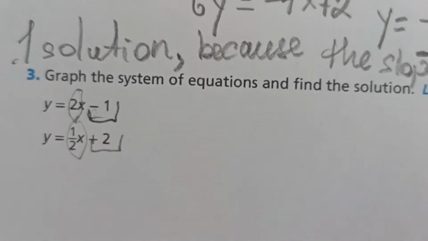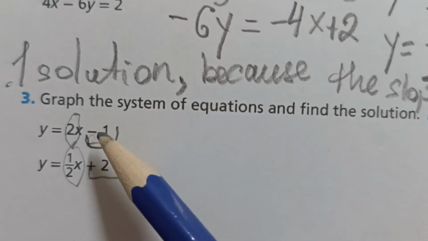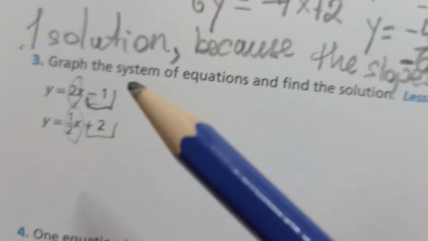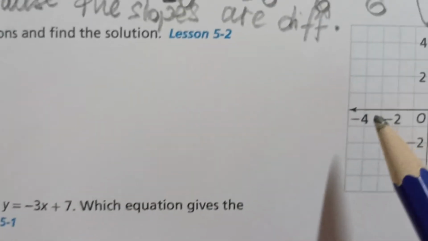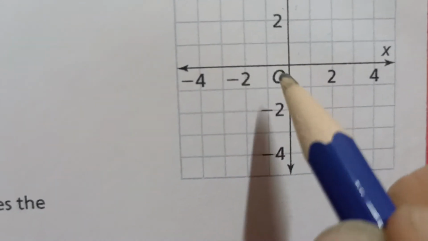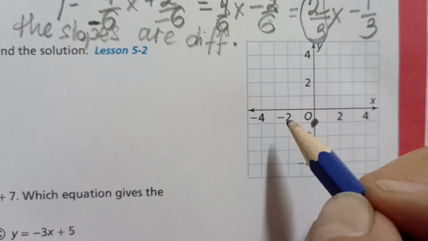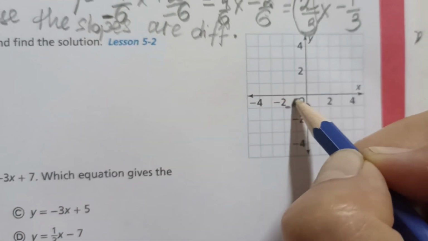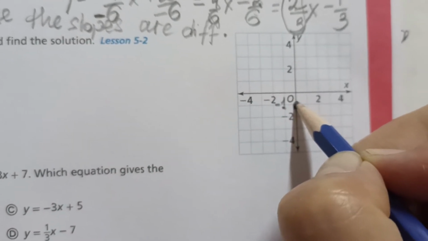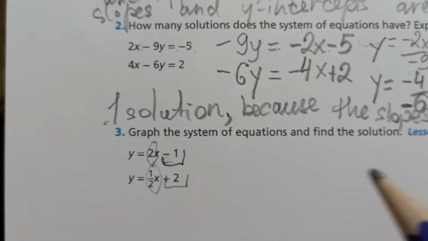So let us graph the first one. Minus 1. We start at intercept minus 1. Okay, we look on the graph. We have minus 1 here. We start with this. Then you can see that the slope is 2.